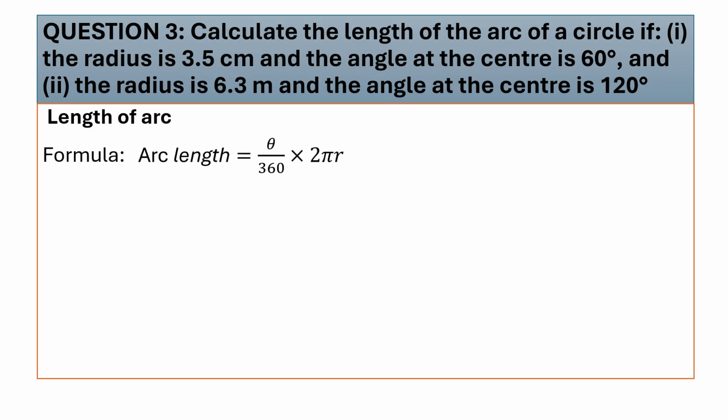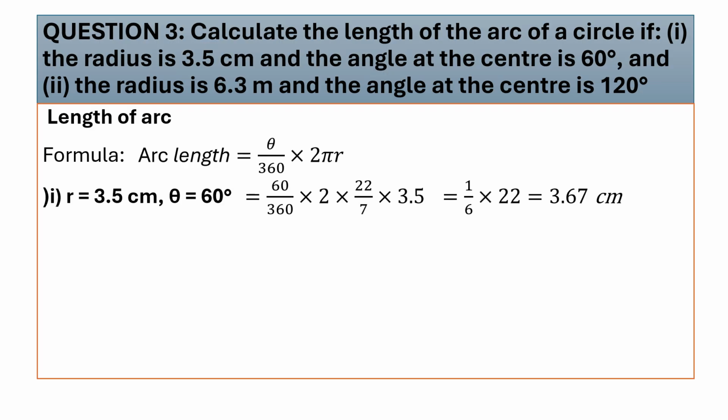Now theta, we are talking about the angle, upon 360 degree into 2 pi r. So when you substitute radius of 3.5 centimeter, theta, I told you, is the angle, which is 60 degree given. When you substitute, you get 3.67 centimeter, which is the length of the arc of the circle. So the answer will be 3.67.